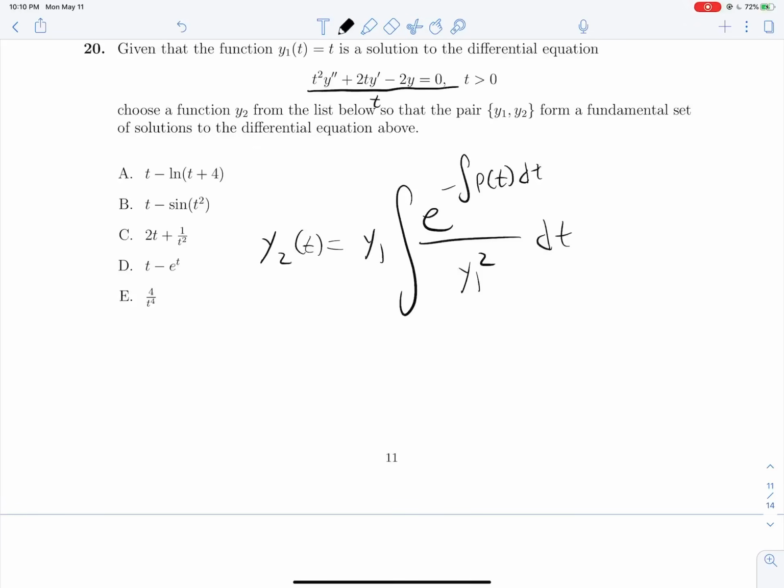So we'll divide everything by t squared, and so we'll see that the function of t on y prime is 2 over t.